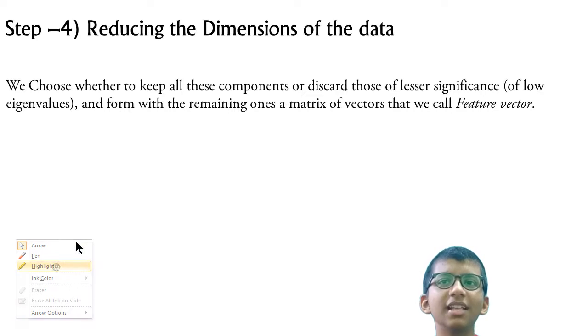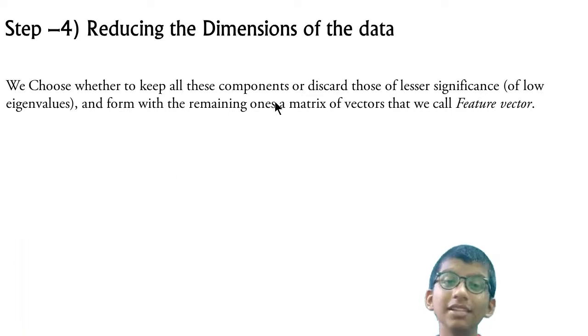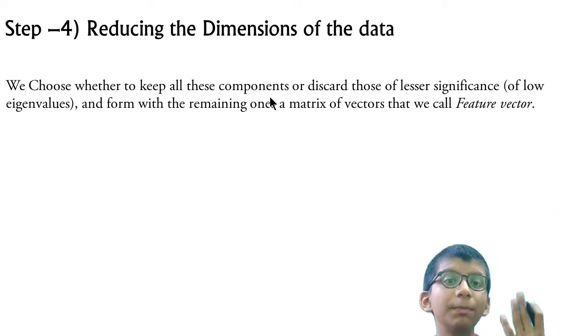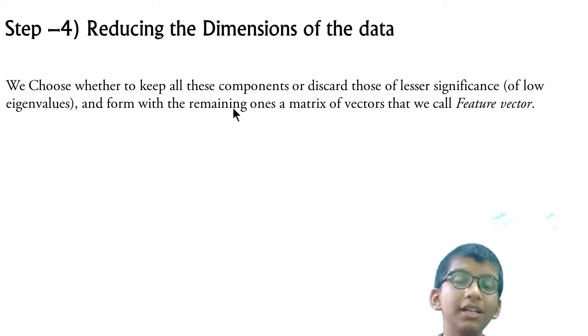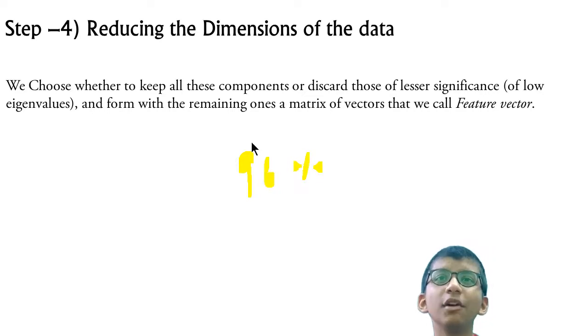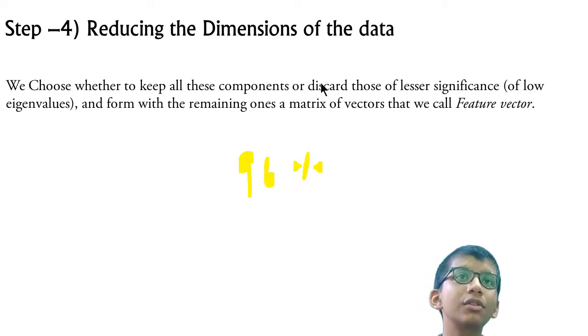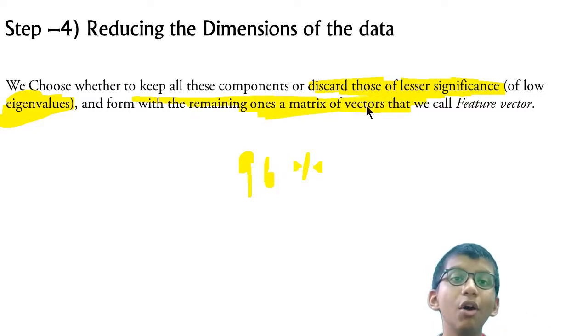It simply suggests that, in the previous example, if we have 4% in V2, we will take V1 because it has 96%, and we'll discard those with lesser significance, or low eigenvalues, and then we'll form the remaining ones as a matrix of vectors. So we call it a feature vector.